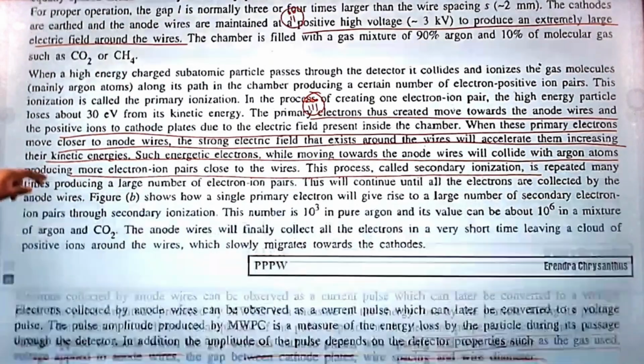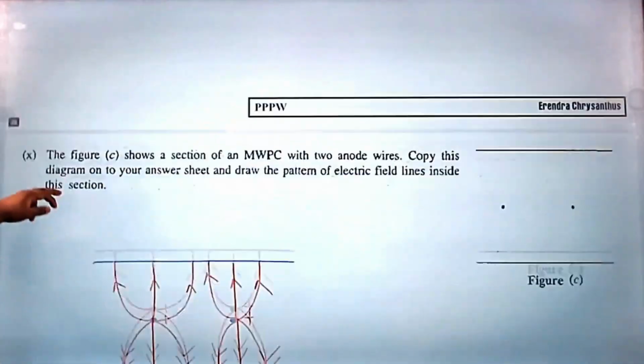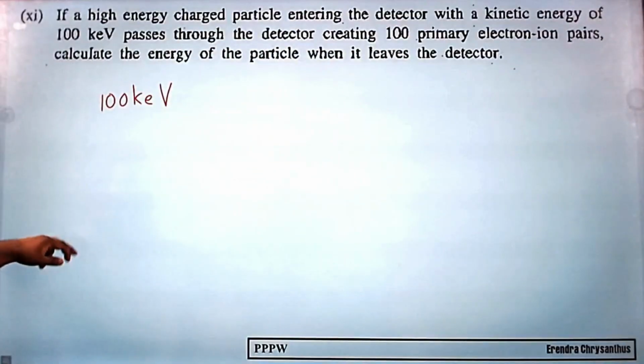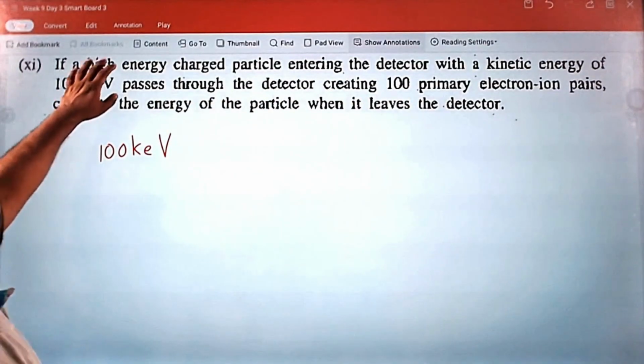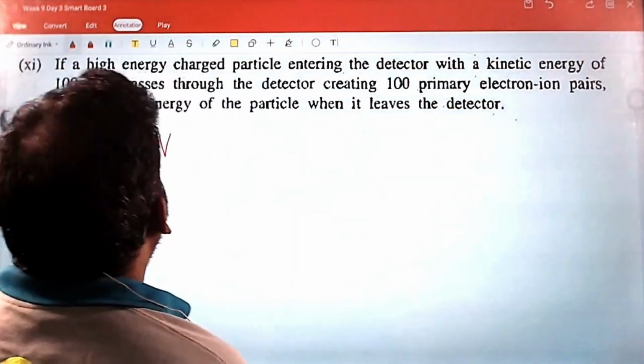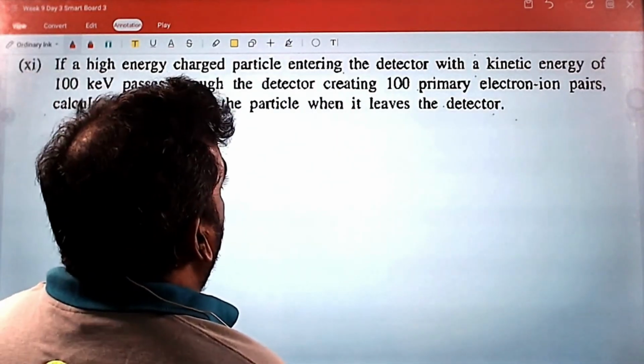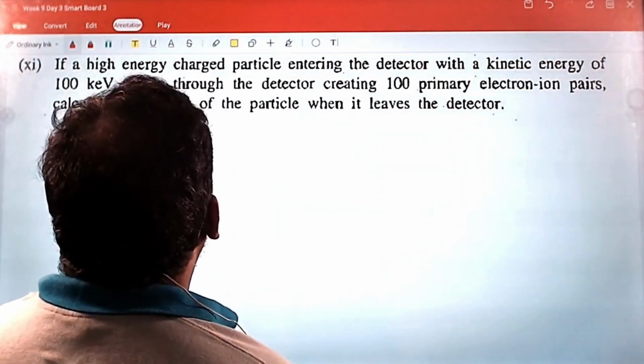Right. So here you go. Now, how many secondary electrons are created? 1000, if there is just argon. 100 primary electron pairs.